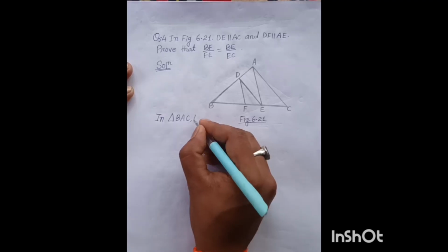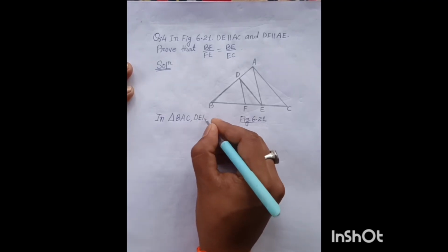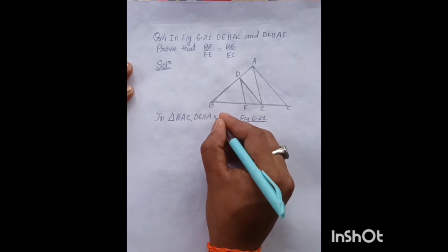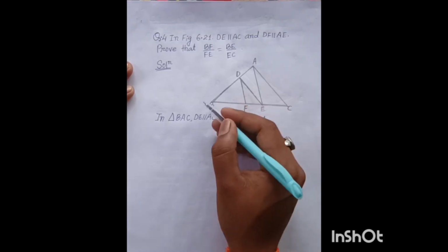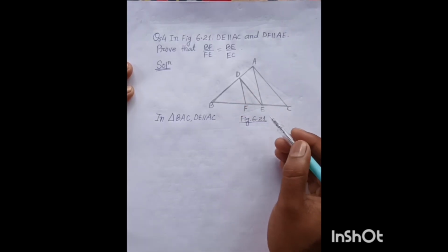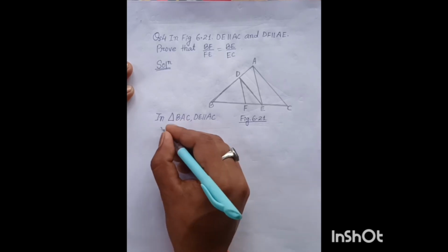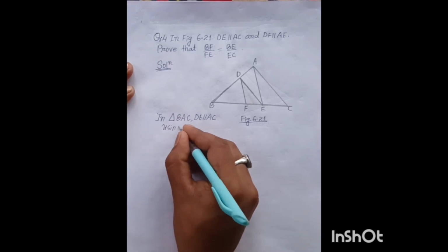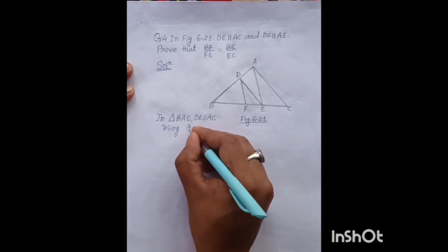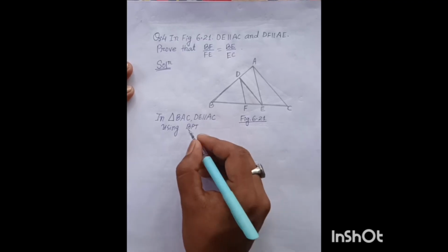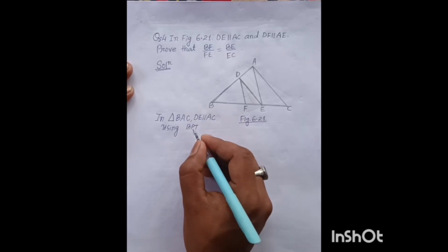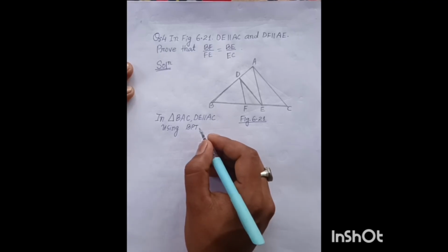So right here DE parallel AC. If DE is parallel with AC, then I can apply in this triangle Thales theorem. So using Thales or BPT. BPT means basic proportionality theorem. Either you write Thales theorem or BPT theorem.